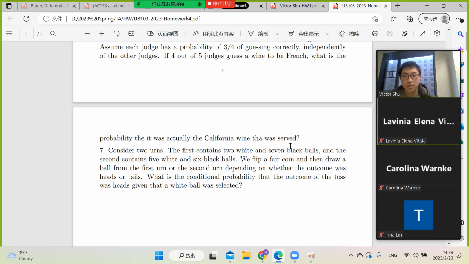I highly recommend that this time you followed my instructions and my steps, but before the exam, you should do this question again by yourself to see if you really understand the concept of conditional probability.